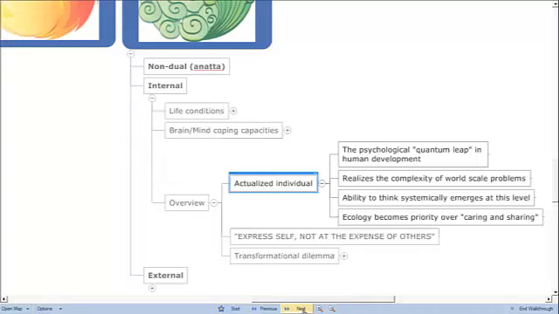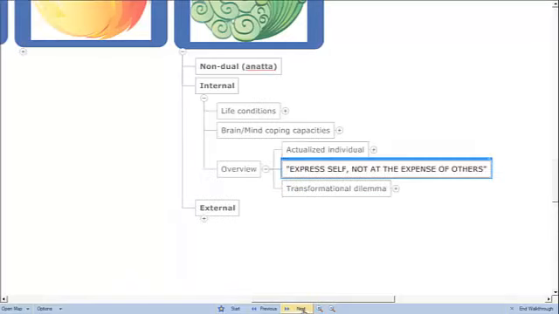When we talk about ecology, we don't necessarily just mean ecology in the sense that we normally hear it, the environment and things like that. What we really are talking about is that the interconnectedness, the interdependence of all existence becomes a priority over caring and sharing. The real mission statement or motto of Air Internal is to express self, not at the expense of others.